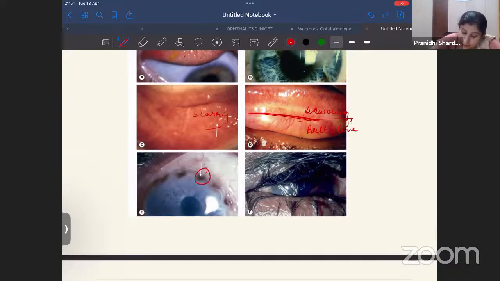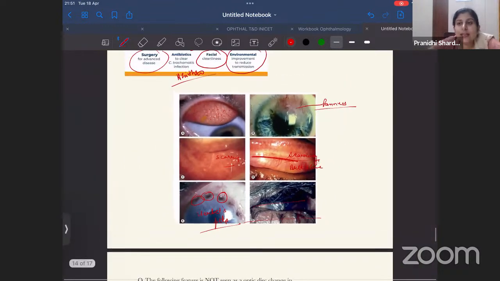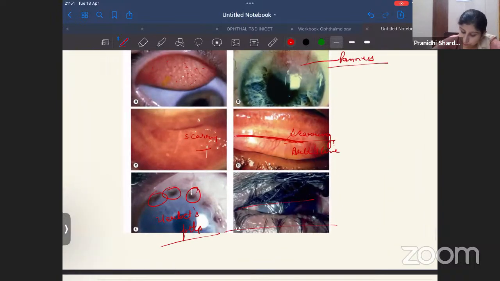This is the small excavation seen in the limbal area, called Herbert's pits. And this is marked trichiasis, a misdirection of the eyelashes seen in trachoma. So these can be asked as image-based questions on trachoma.